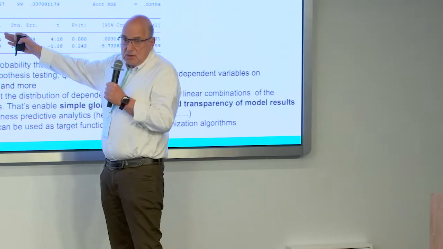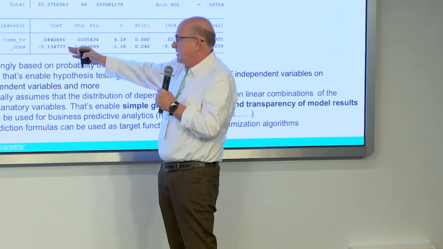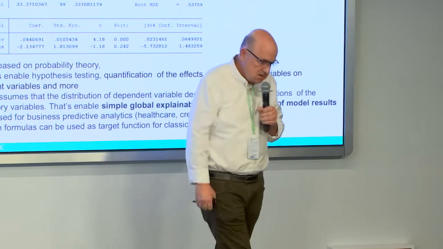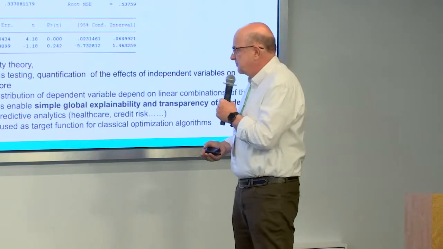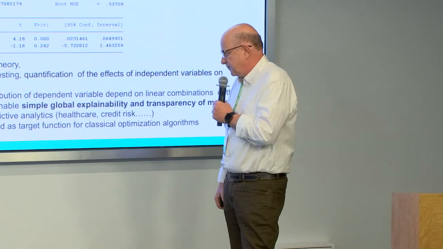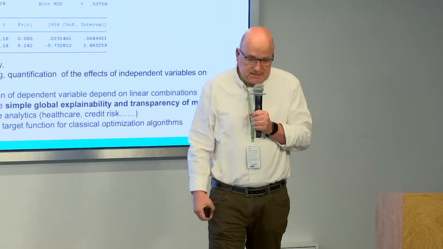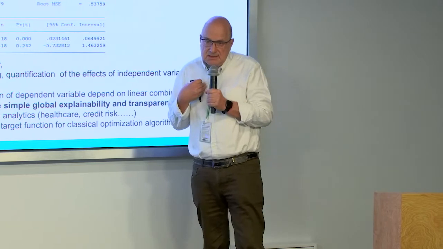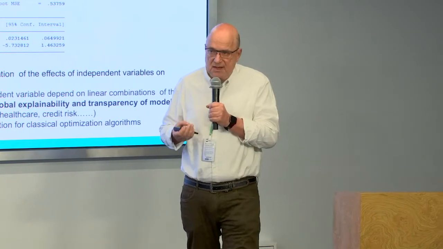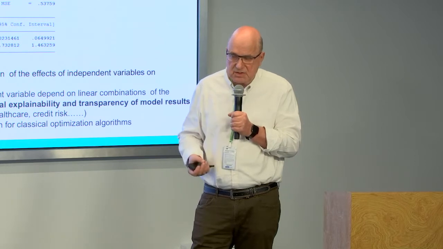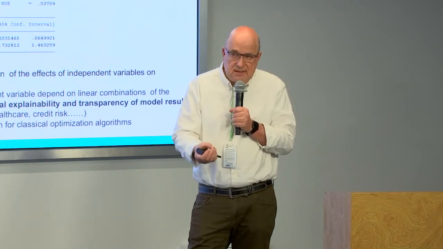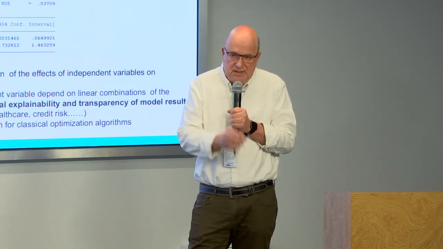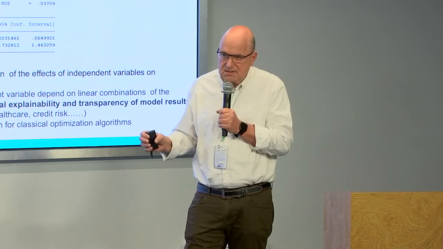Maybe we think that there is a nonlinear relationship, so we can add a polynomial relationship, and then we can see that nonlinear relationship very easy to explain and to make statistical hypothesis testing, etc. So for me, explainability is the ability to take the model results, like in linear regression, and to understand what are the analytical relationships between the dependent variables and the independent variables.